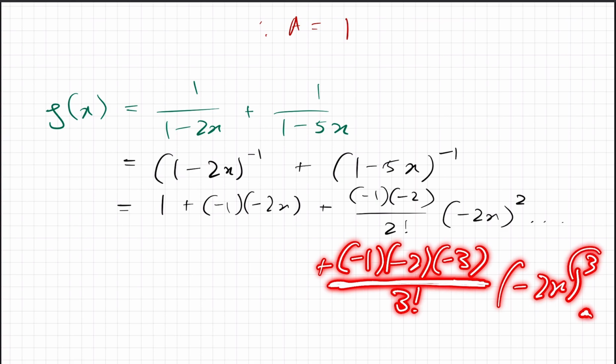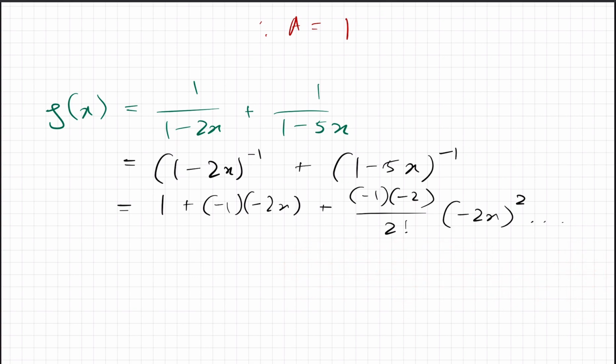Whenever it's an odd power, it's going to have an odd number of negative signs, so all the negative signs cancel out. Ultimately, this gives us just 1 plus 2x plus 2 squared x squared plus 2 cubed x cubed, on and on. So that's the first way of thinking about it, and that's only for this 1 minus 2x.